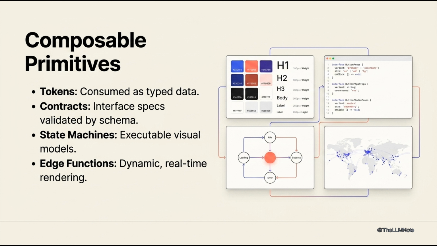These primitives compose entire application surfaces, authored once, validated by the schema, and reused across platforms without duplication. Every primitive is testable, type-checked, and framework agnostic. Change a token, and every surface updates instantly. The UI becomes an assembly of verified building blocks, not a patchwork of pages.